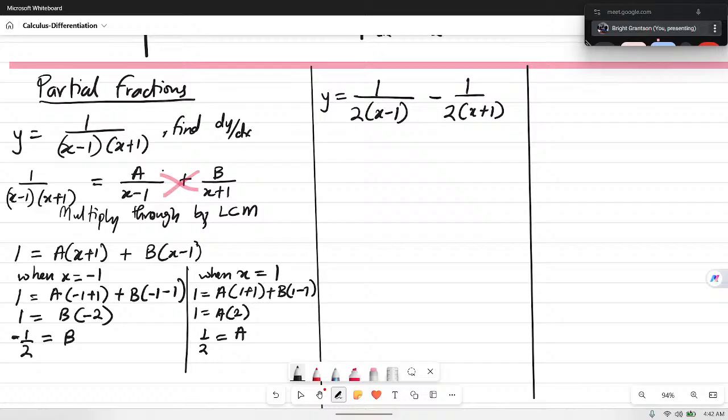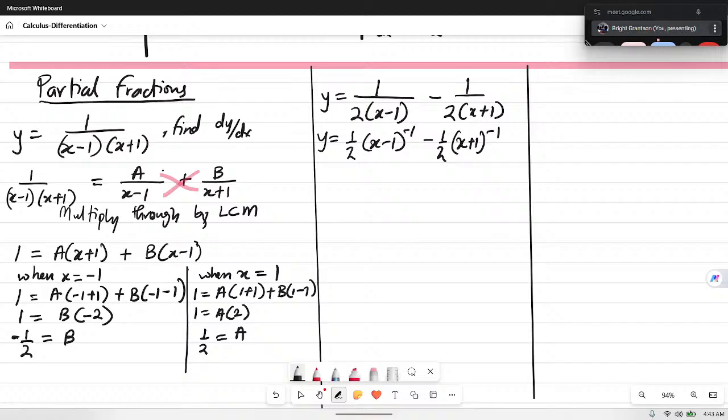Are we okay? So now in this case, can you differentiate them easily? Are you going to use the quotient rule, or what rule are you going to use? You can rewrite them because the half is a factor. So y can be written as what? Half (x minus 1) raised to the power negative 1, minus half (x plus 1) raised to the power negative 1.